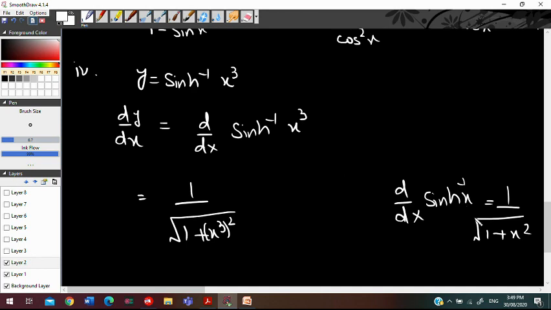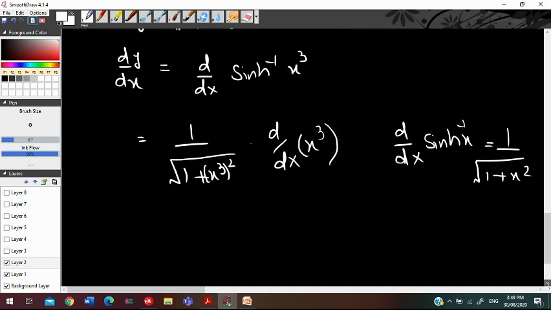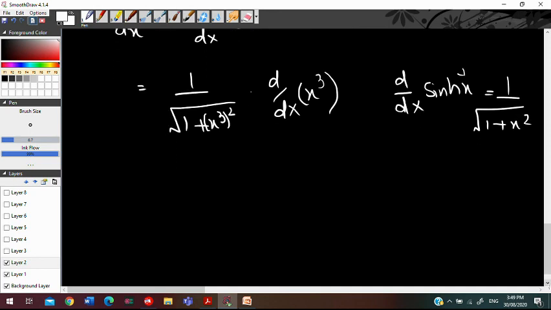Here you have x, you will write x square. Here you have x cube, you will write x cube whole square, right? And then obviously the derivative of its angle. Now 1 divided by 1 plus x power 6 into 3x square.